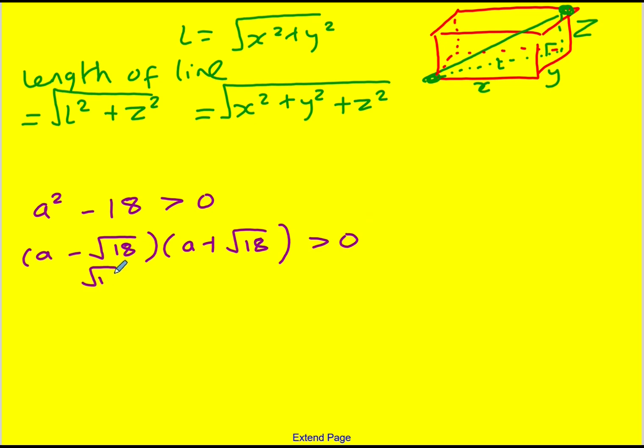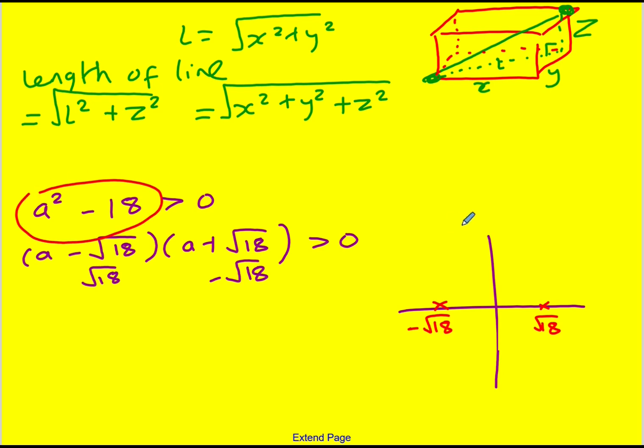The roots are root 18 and minus root 18. We'll sketch a little graph. I'm actually sketching y equals this function here. I'm interested in where it's bigger than 0.